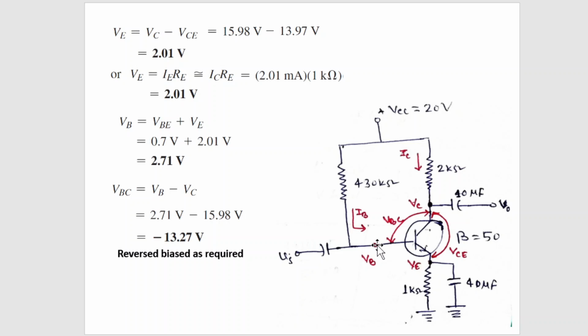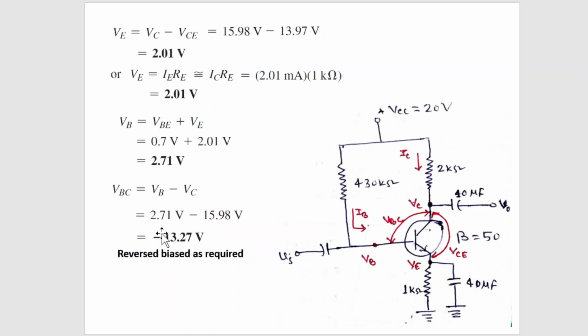So the voltage here is 2.71 volt, and this is VC that we have calculated, 15.98 volt. So VBC can be calculated. VBC is equal to VB minus VC, that is 2.71 volt minus 15.98 volt, giving minus 13.27 volt. Remember, this voltage is negative.